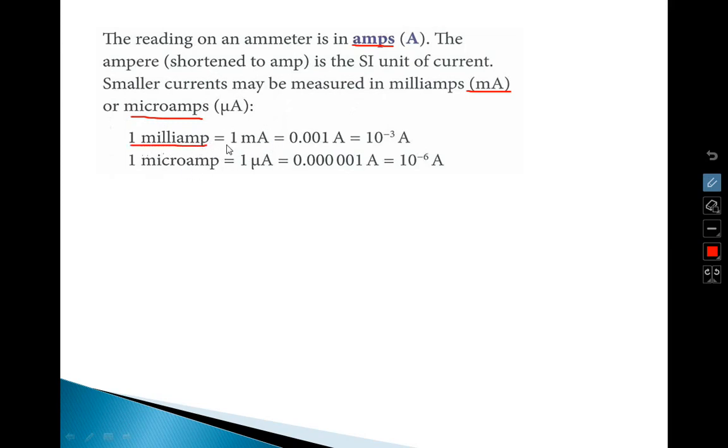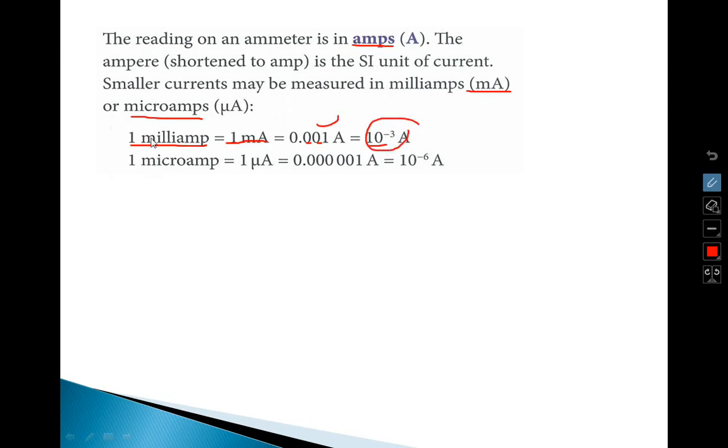1 milliampere is equal to 0.001 ampere, which is 10 to the power minus 3 ampere.